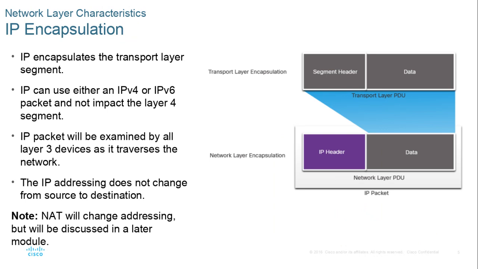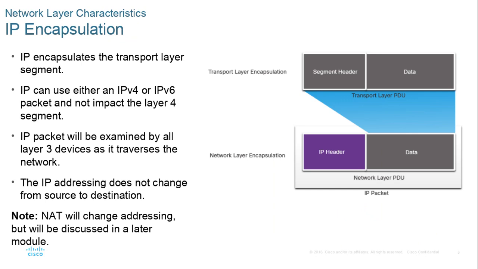At the network layer, IP is going to take the upper layer data. The layer right above the network layer is the transport layer, which typically in the IP world has a TCP or UDP encapsulated segment.